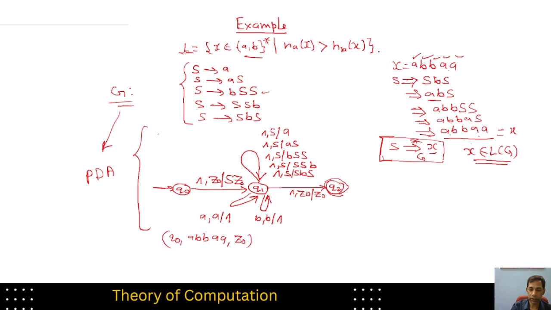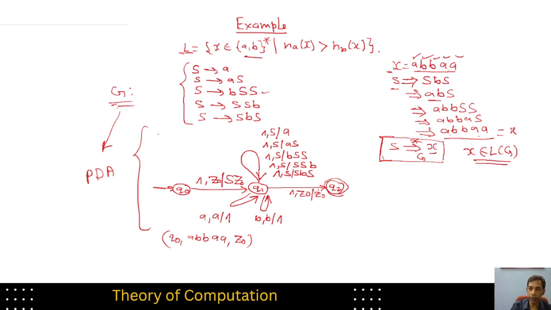So this is the initial configuration. If for the given X, starting from the start symbol S, this string A double B double A is generated by using the production rules of the grammar G, then this is in the language.